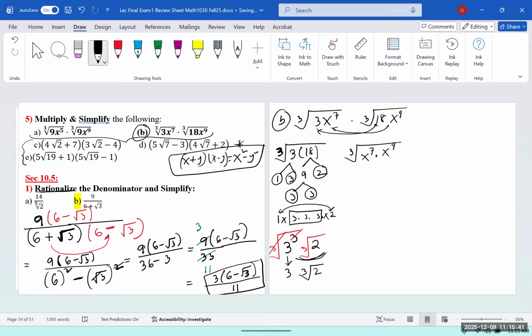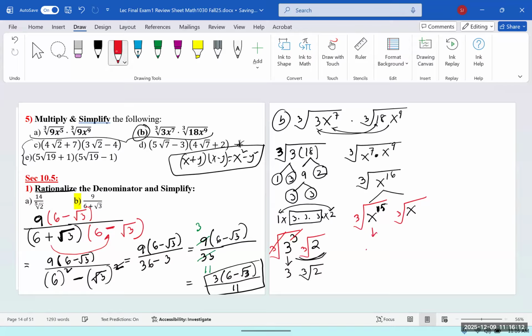Now we go to the variable. We know in multiplication we add the powers. So we get x to the 16. Now for 16, we can split into 2 pieces. One is x to the 15 and one is x. Why is it 15? Because 15 is divisible by 3. So cube root of this and cube root of that.